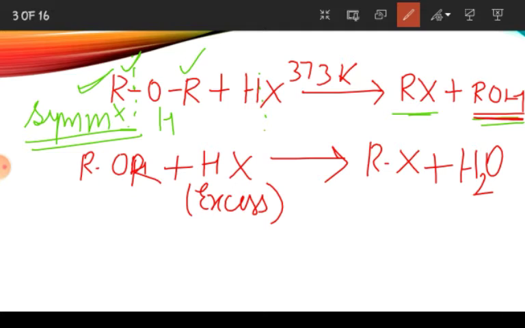But what happens if there are unsymmetrical ethers? Very important things I am going to discuss with you. Suppose I take unsymmetrical ether like R, O, R dash. This is unsymmetrical ether plus again HX we are adding. Now what will happen?